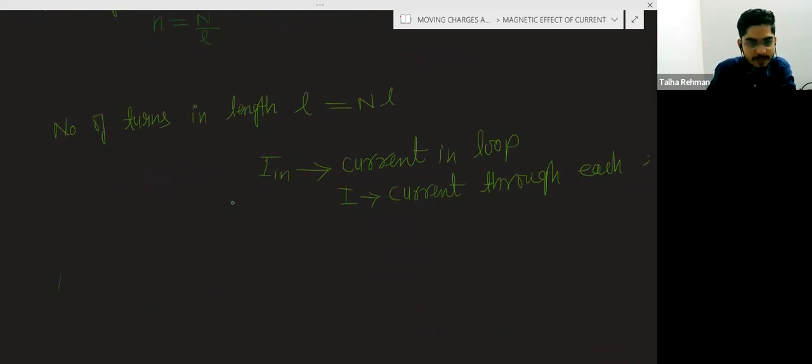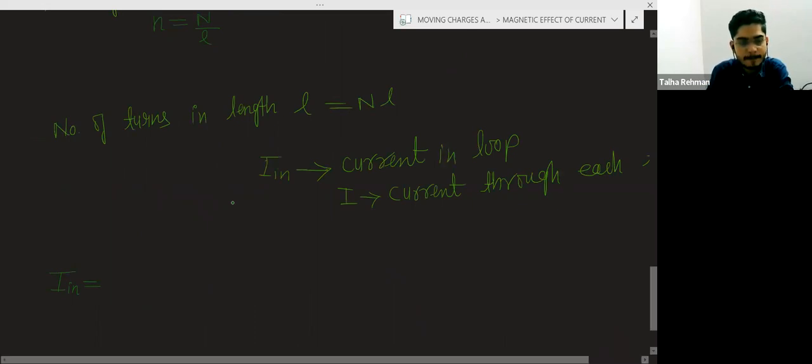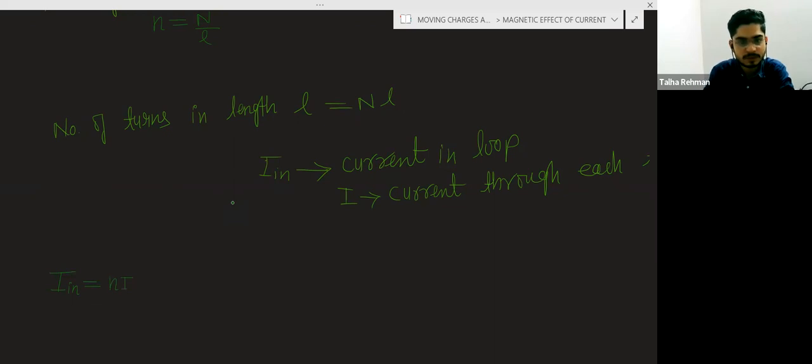So when you calculate the current enclosed by the loop, this will become small n into I.